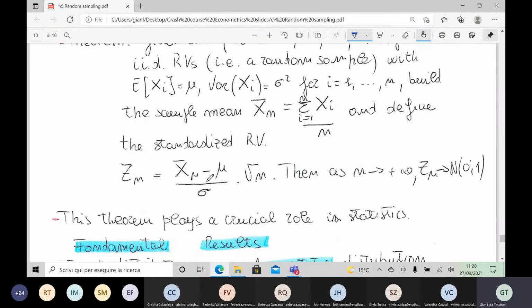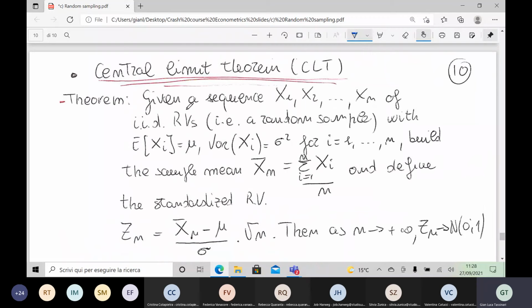On the contrary, in the central limit theorem, you see, I simply told you, given a random sample, but I made no assumption about the distribution of X. I simply told you, given a random sample, that is, given a sequence of n independent and identically distributed random variables, then as the dimension of the sample becomes bigger and bigger, the standardized sample mean tends asymptotically to the standard normal random variable.